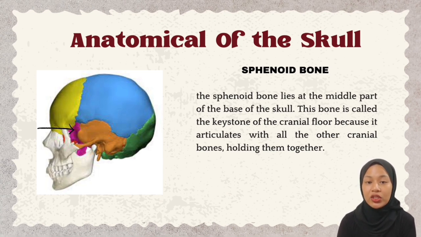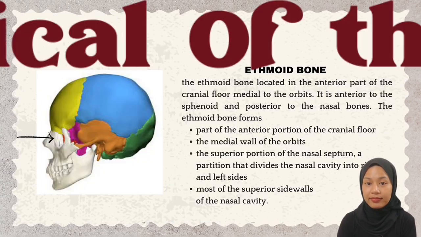The sphenoid joins anteriorly with the frontal and ethmoid bones, laterally with the temporal bones, and posteriorly with the occipital bone. The sphenoid lies posterior and slightly superior to the nasal cavity and forms part of the floor, side walls, and rear wall of the orbit.